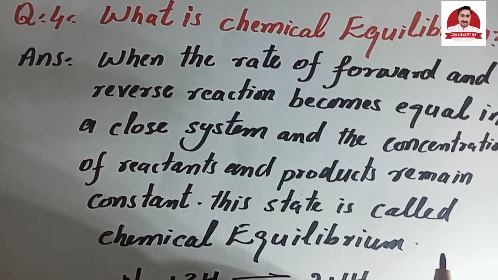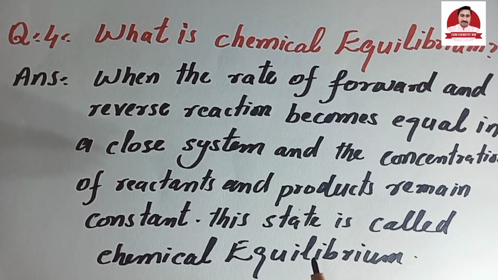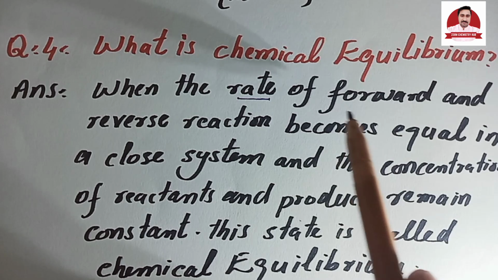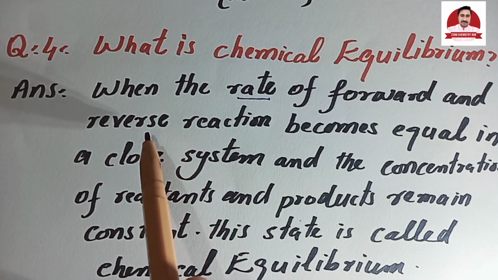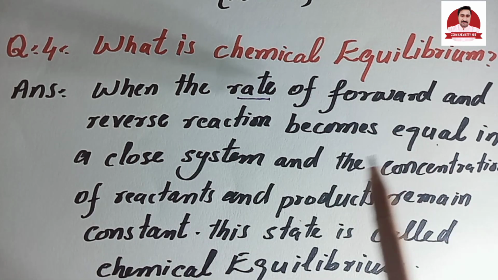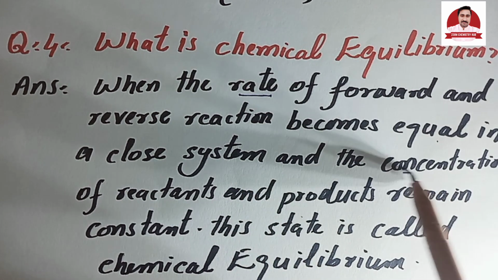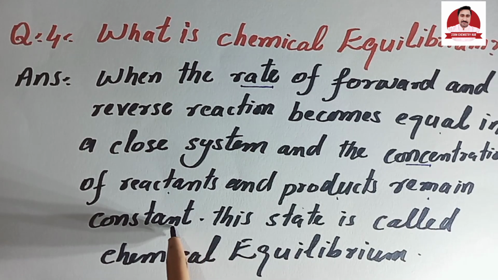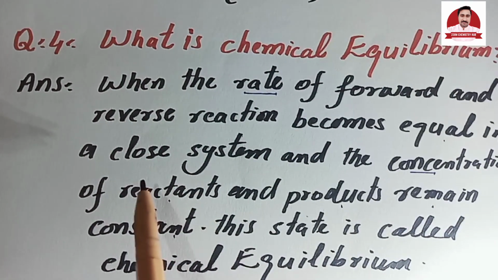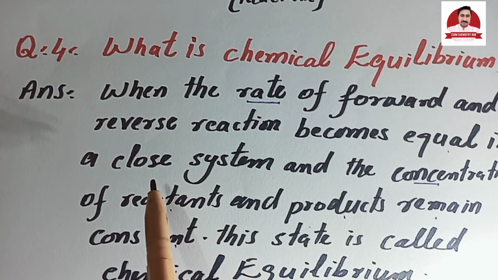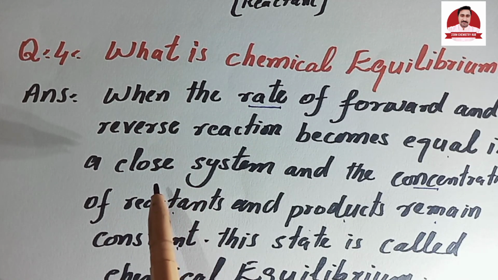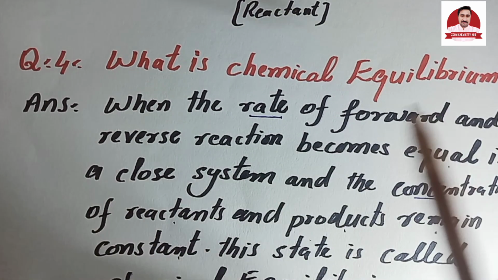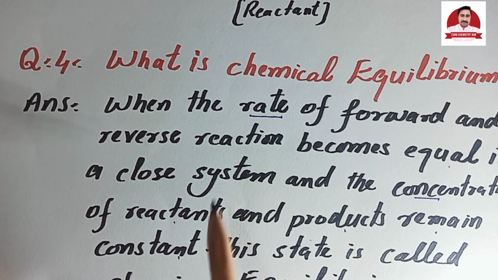So in this question we have two things. First is the rate of forward and reverse reaction which becomes equal, and second is the concentration of reactant and product remain constant. And the first condition for establishing an equilibrium is a closed system.